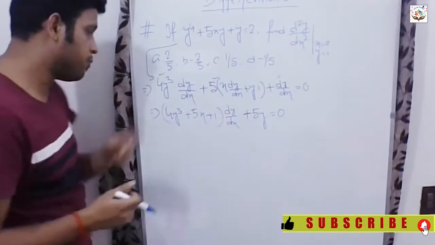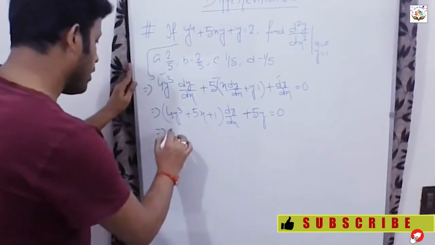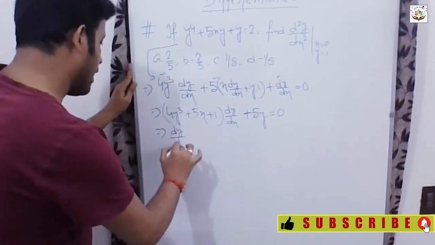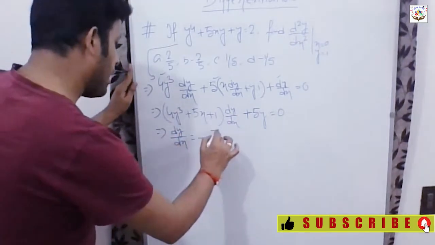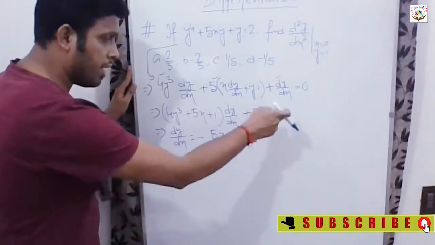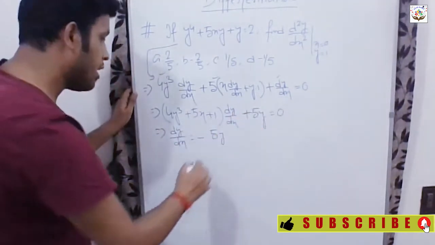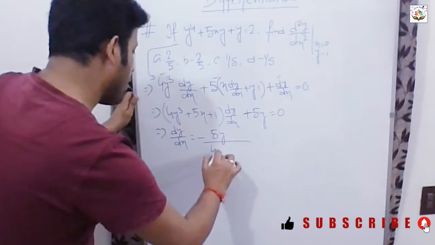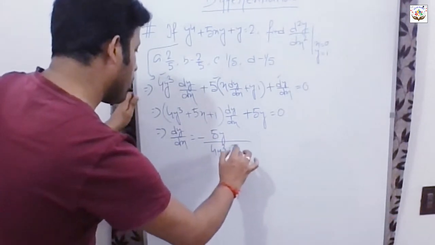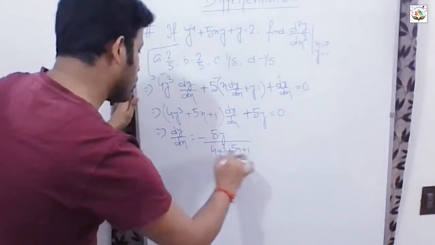I am showing you how. So, we know dy dx equals to minus 5y, as we have taken this plus 5y to the right hand side, minus 5y divided by 4y cube plus 5x plus 1.